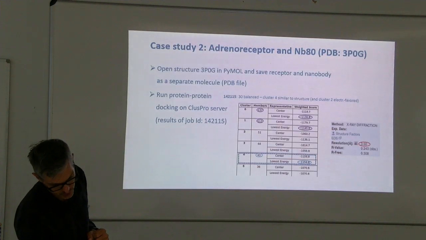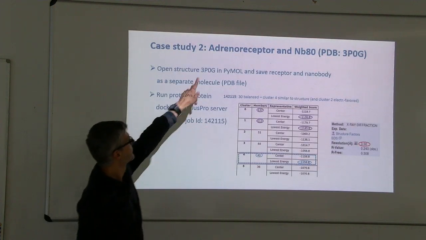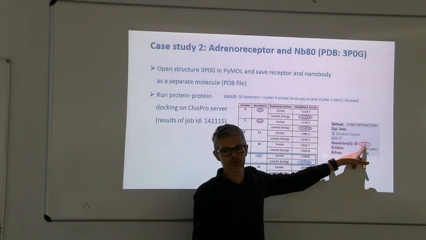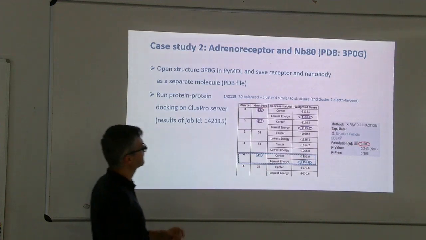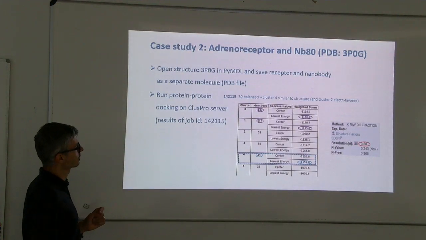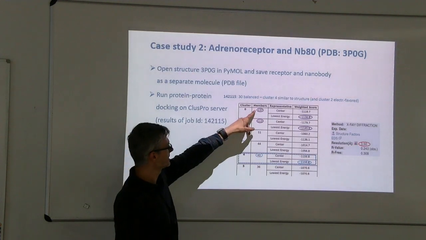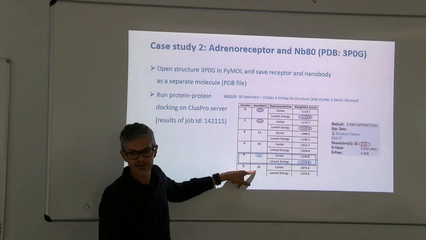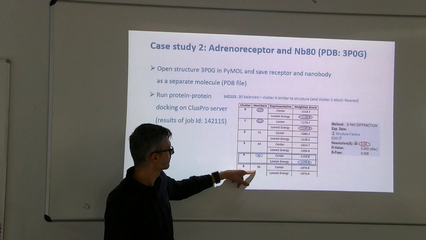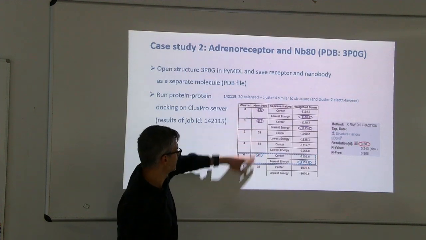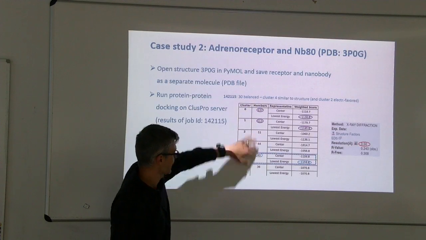Another example to show you: this PDB structure had, let's say, bad resolution. Same experiment, separate receptor and ligand, run it on the Pro server and have a look at the results. Here it is already more difficult. You see, the cluster sizes seem to be the same, in the range between 30 and 130, something like that.